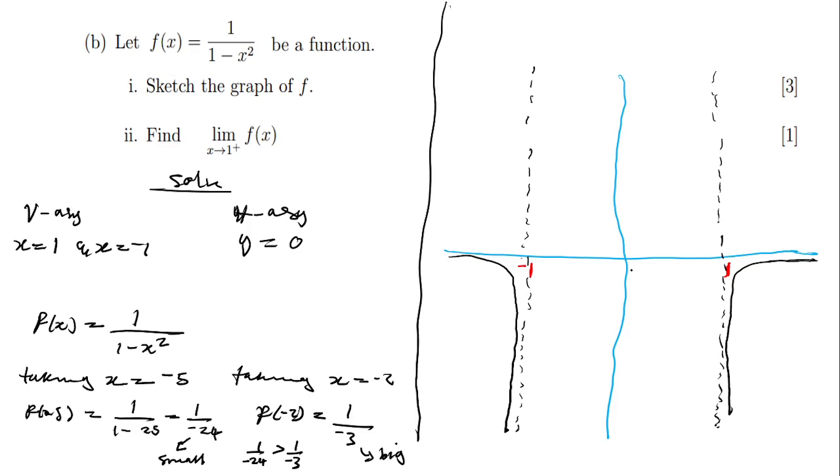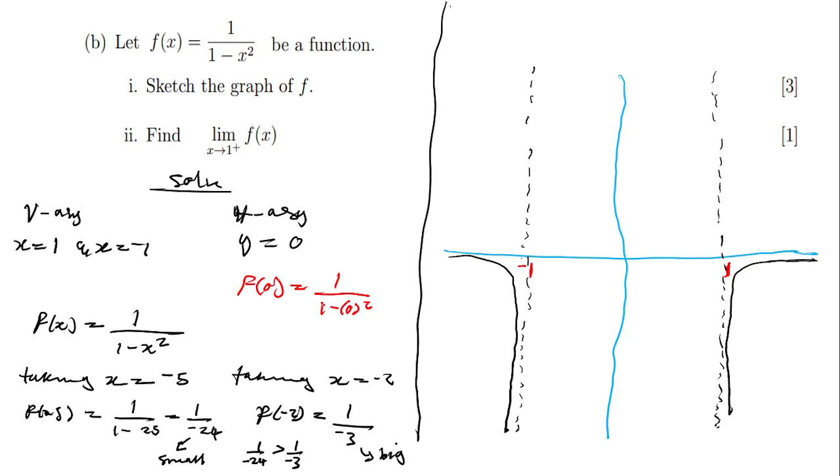But before we try out numbers in between there, we need to find out at which particular point this guy is cutting the y-axis. Where is the y-axis being cut? So you say f of 0 is equal to 1 over 1 minus 0 squared.